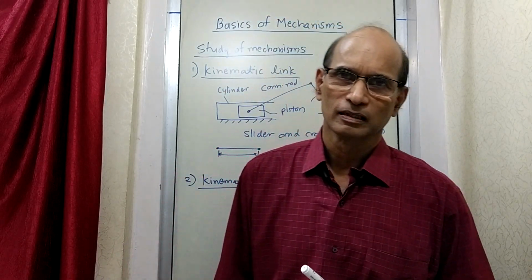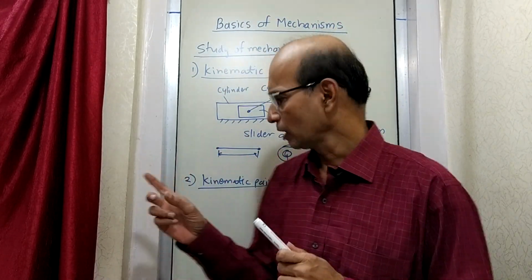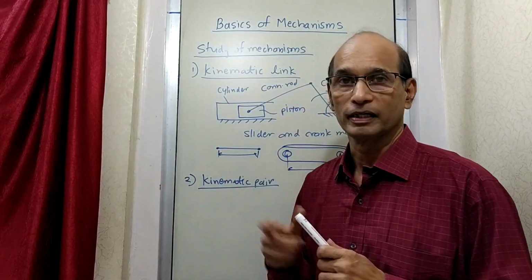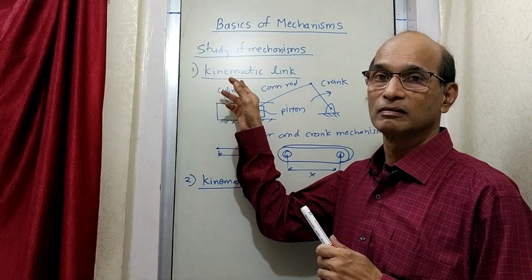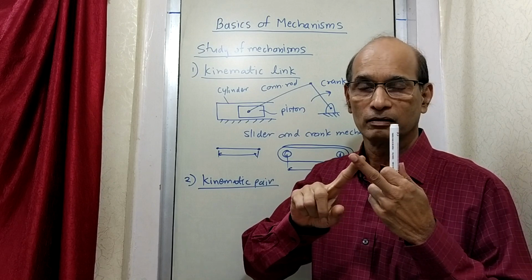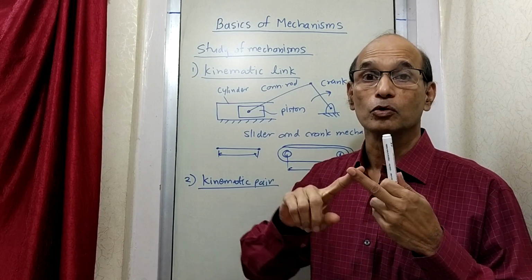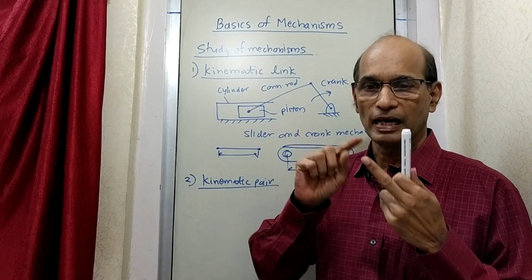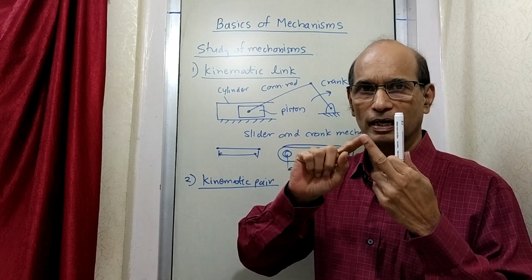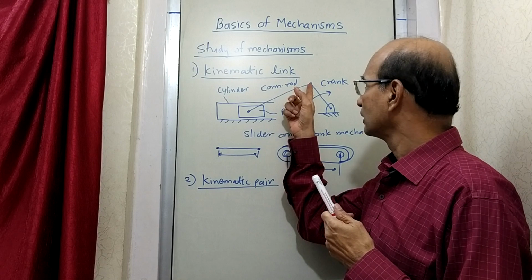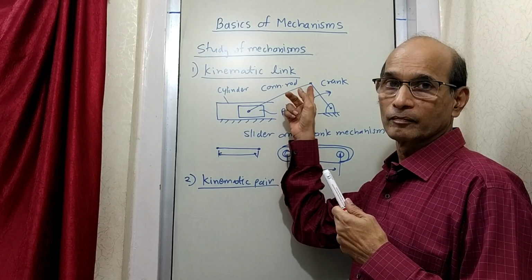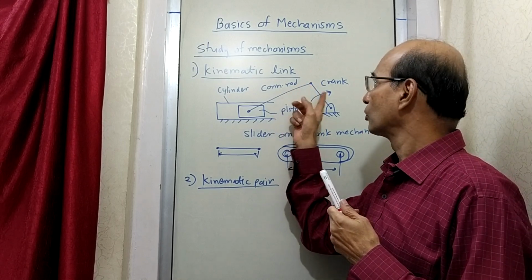Okay, so we have written certain things in the form of a description about the kinematic pair, what it is. Here it says that when two or more links are connected together such that there is a relative motion between them, then that connection is called a kinematic pair. You can see here, one link is connected to another link at this point, and there is a motion between the two.